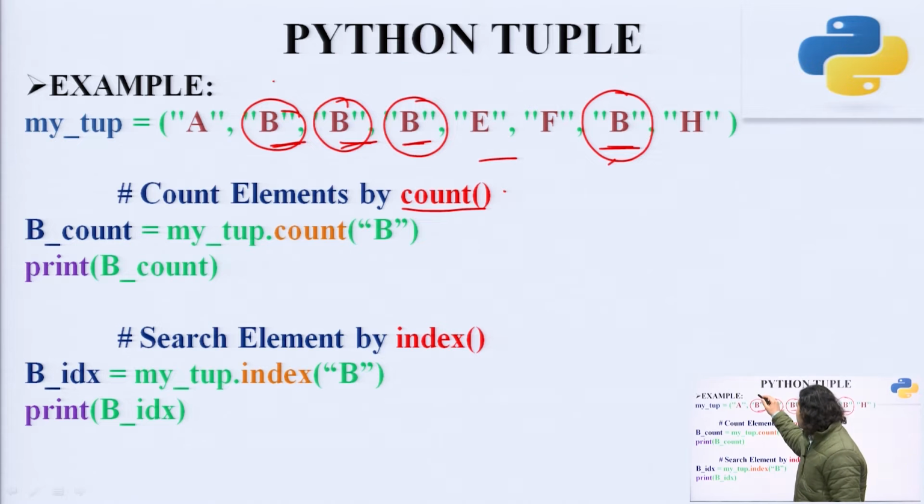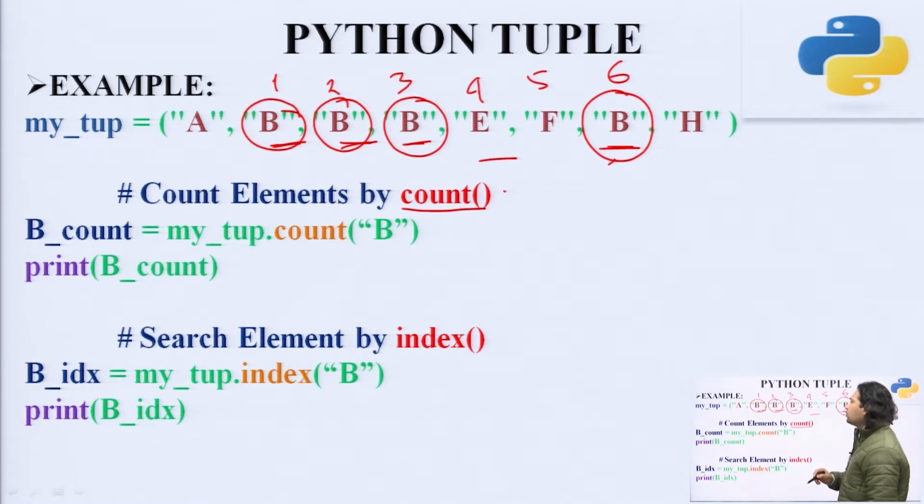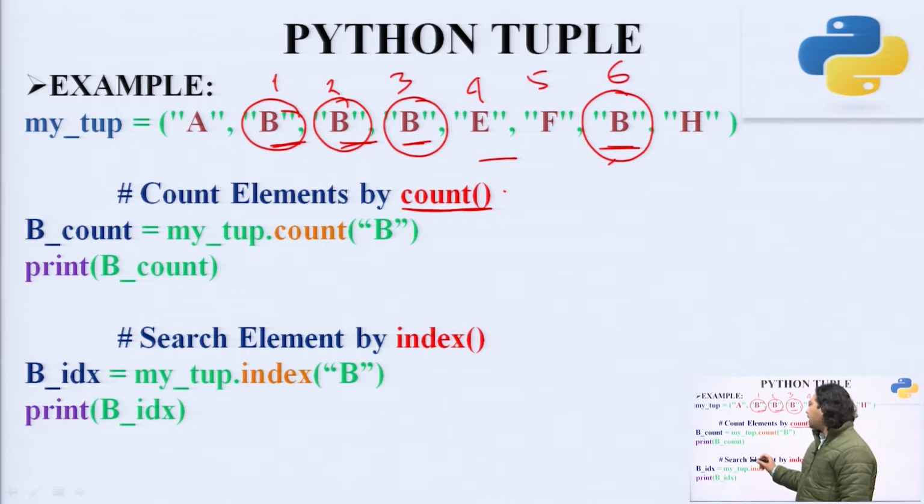So, here the index numbers are 1, 2, 3 and 6 and so on. What we are saying is that the index numbers are totally different, and due to this the duplicates are allowed.